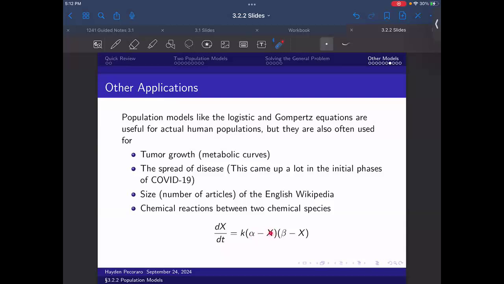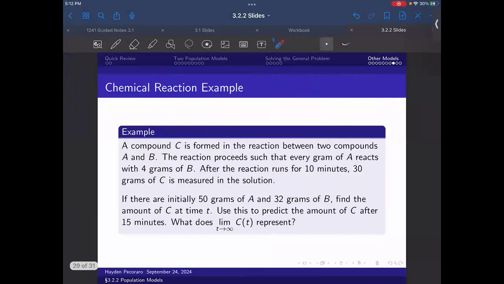This one is a little bit different because now it's a quadratic polynomial with one non-zero root, or two non-zero roots. Here's just an example of a model or a problem where you might have to deal with that. I'm not going to solve it in 2 minutes, but that's more or less what you would be given for a chemical reaction example.